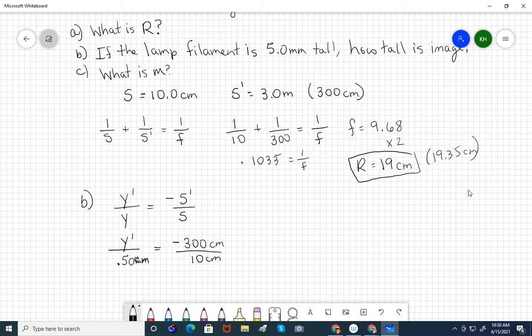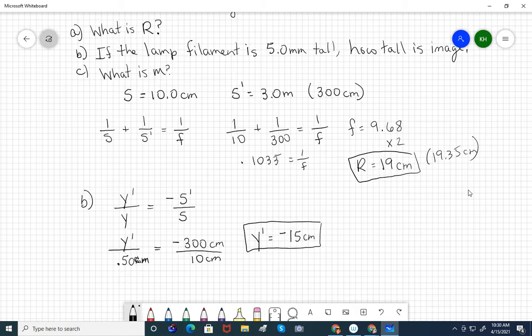You see that y prime is going to come out to be negative. Negative 300 times 0.5 divided by 10. And it comes out to be negative 15 centimeters. So really big.